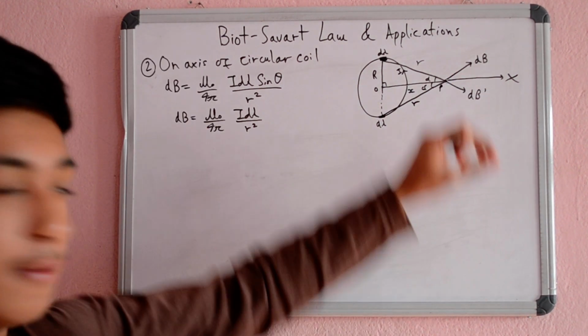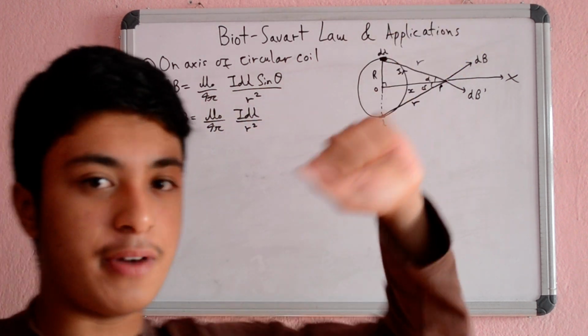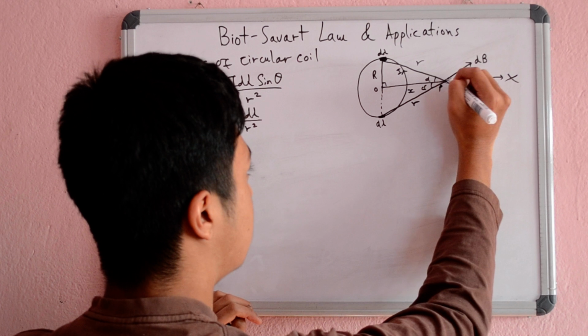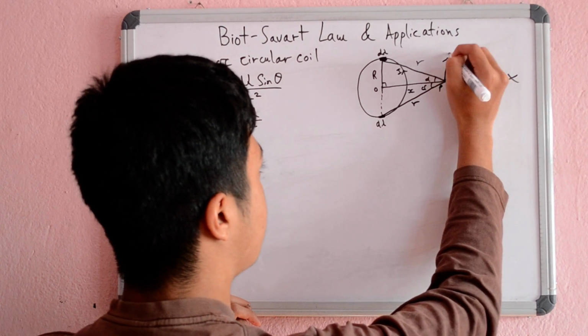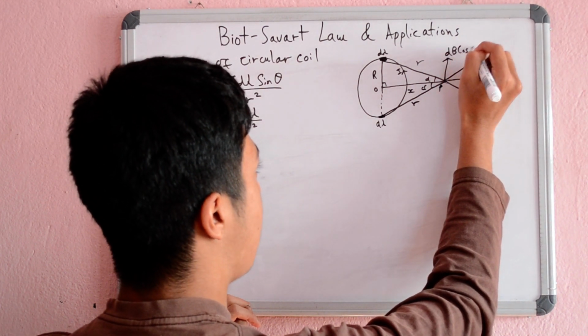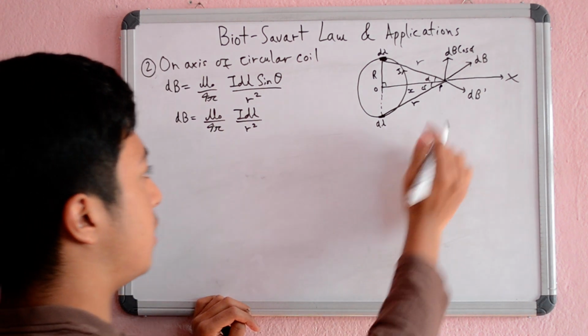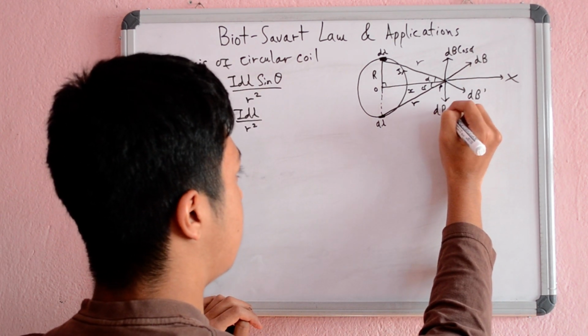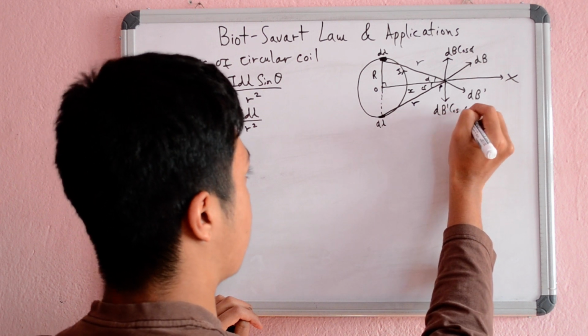Of course dB dash will again be the same as dB, and from these two directions we can find the cos components and also the horizontal components. So dB cos alpha will act on it and dB dash cos alpha will act on it.